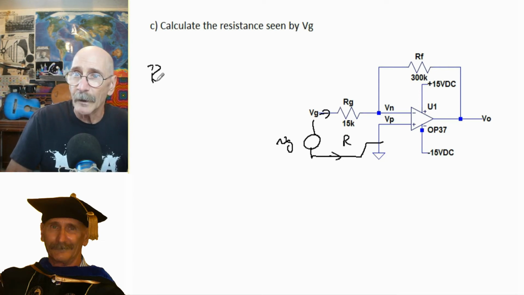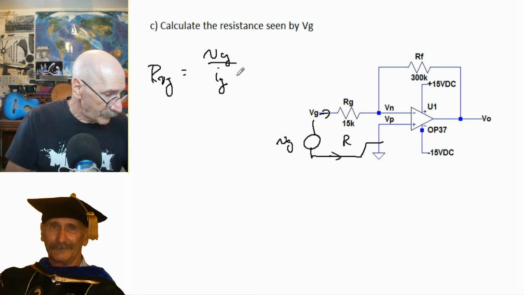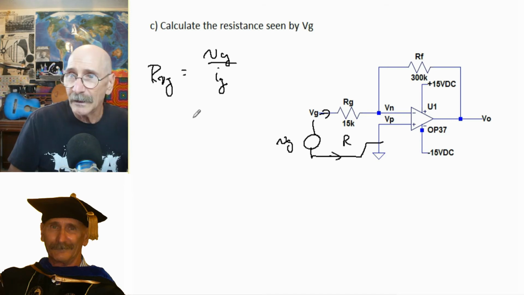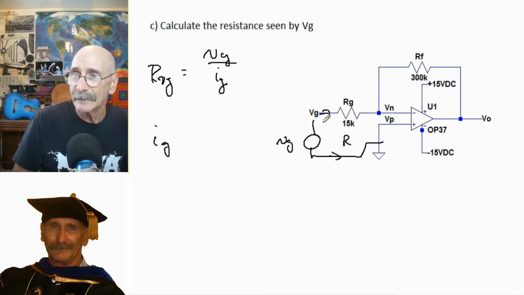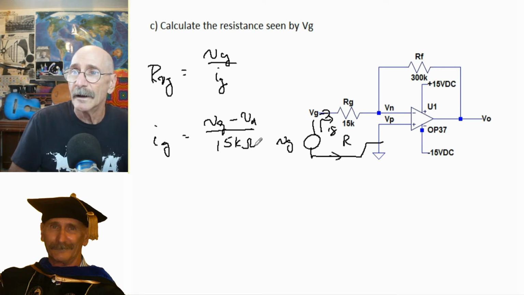So R of Vg is just going to be Vg divided by IVG. I'm going to call it IVG, and we know that Ig, which is this current right here, is just going to be equal to Vg minus Vn divided by 15k ohms.